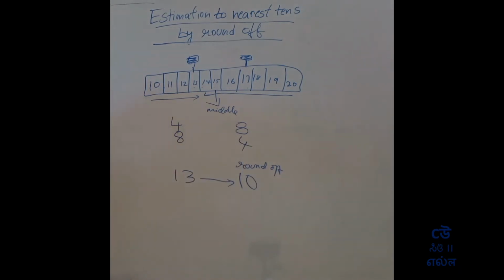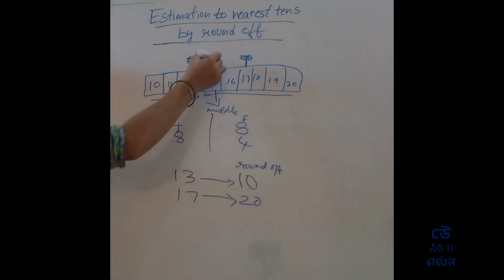So which is smaller, children? 4 is smaller. So 17 is nearer to which number? This is the beginning, this is the end. So 4 is nearer to which number? End number. So 17 is rounded off to 20.